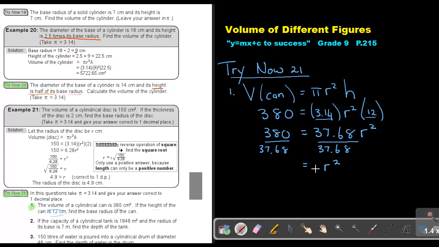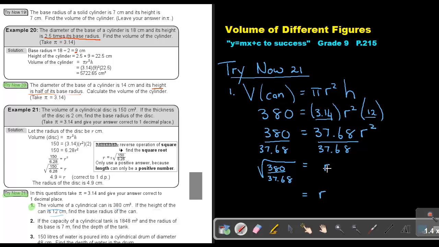So we can, but then we cannot approximate. So I think what we're going to do in this one is we're already going to take the square root. So press it like this on your calculator, then you don't approximate too early.